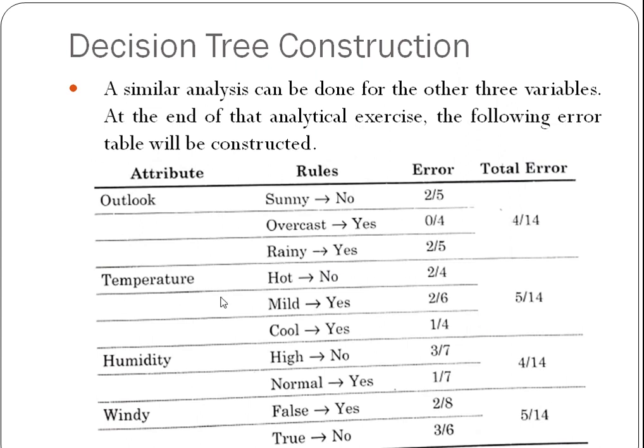So if I choose temperature, 5 by 14, the error is higher. Similarly for humidity, the total is 4 out of 14. For windy, the total error is 5 out of 14.